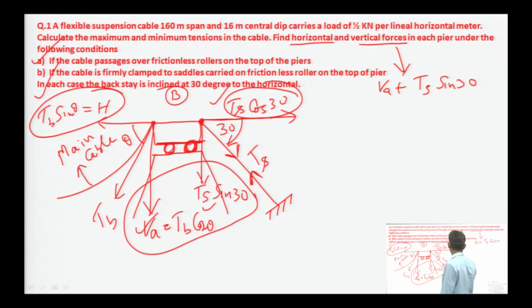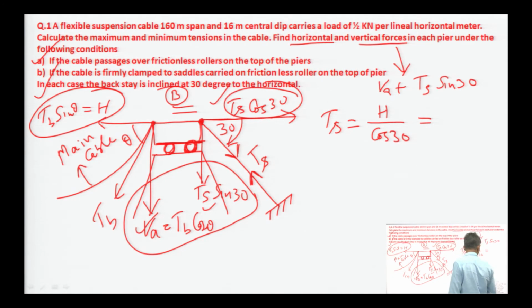So, by equating these two, T S cos 30 is equal to H, we can have the value of T S as H divided by cos 30, and this is how much? This is 115.5 kilonewton by putting the value.